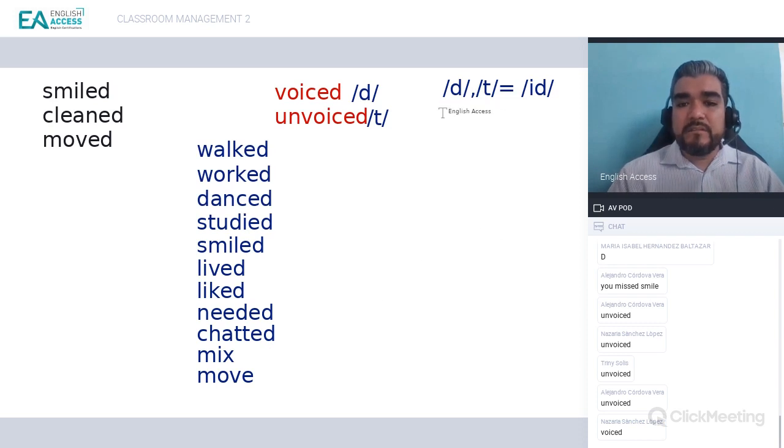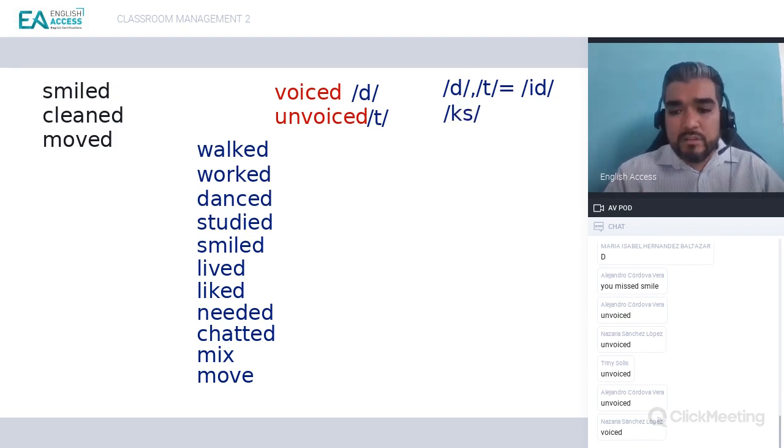Usually when you represent the sound of the X, it is like this. So the sound of the X would be /ks/. So in this case it's mix, and the S doesn't vibrate, right? So in this case it's mixed. It's unvoiced. So you say mixed.